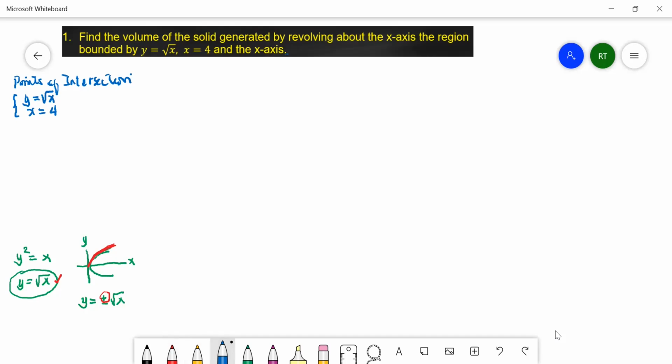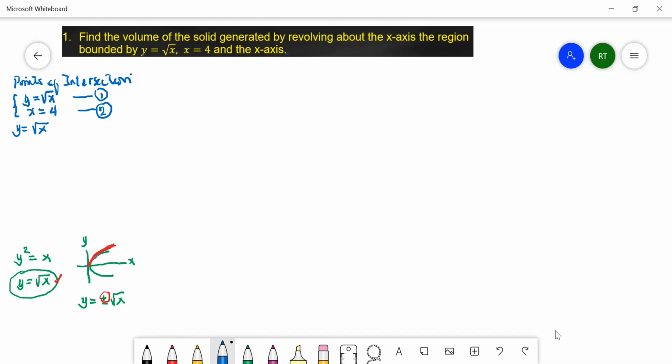So going back to the discussion on how to find the intersection of the curve y is equal to square root of x and the vertical line x is equal to 4, we can just do elimination by substitution. If we have y is equal to square root of x, let us consider this as the first equation, and x is equal to 4 as the second equation.